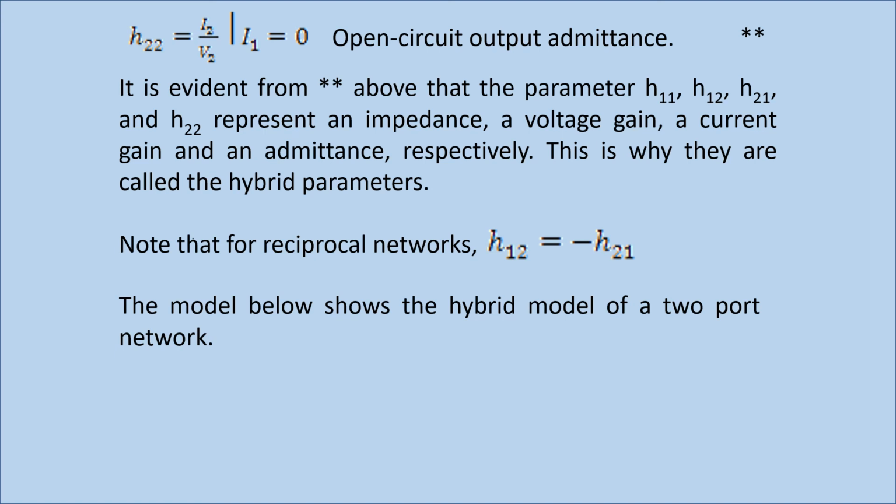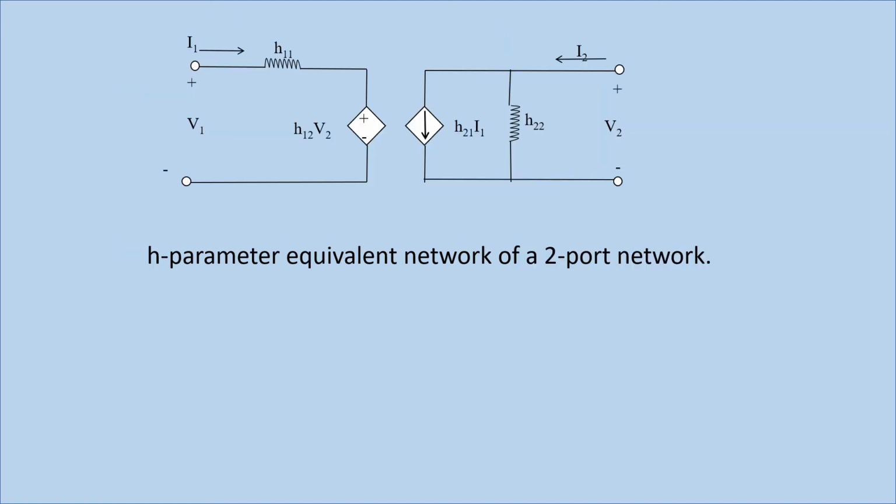If not, also state the reason. That will be our assignment. And for the model of hybrid parameter, that is the different combination of elements there, we'll go to slide 5 to see. This slide simply shows the equivalent network of hybrid parameter for a two-port network.